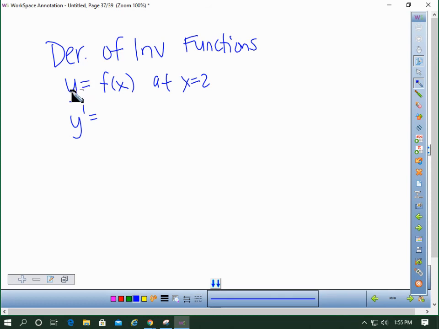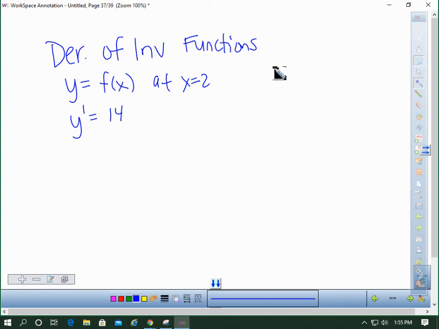So I have some function f of x, and I want the value of the derivative at 2. I would take the derivative, plug in 2, and let's say I get the answer of, I don't know, 14. That means the slope of my tangent line for this function at 2 is 14.